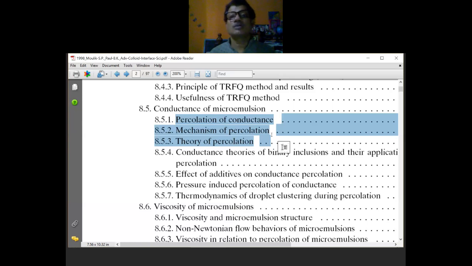And this hopping mechanism of electrical percolation is also helpful in preparing nanoparticles. We have already discussed some of the applications of surfactants. So tomorrow I will discuss again.